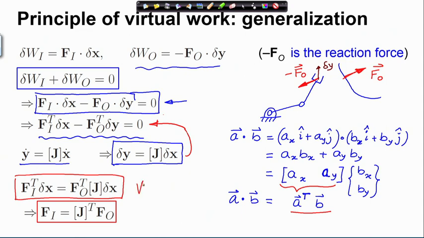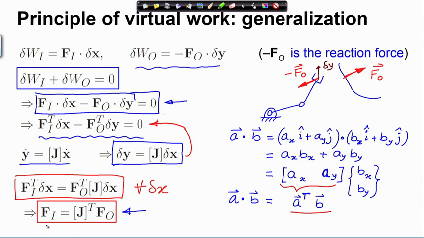Now, this should be true for all virtual input displacements delta x. So, therefore, I must have this as the relation between the input and output forces. You should note that the input output forces are related through the Jacobian transpose.